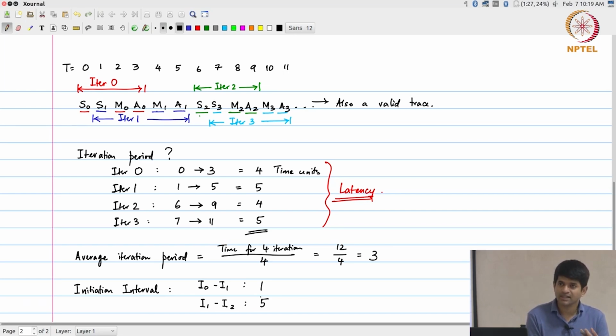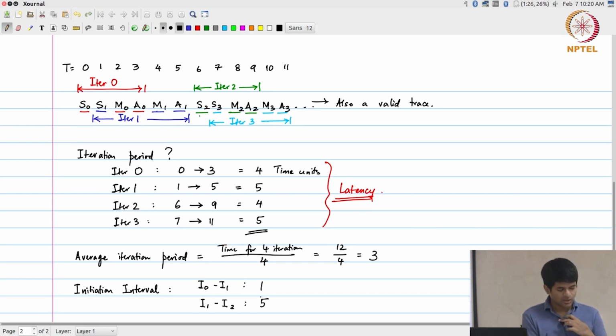Therefore, within 1 clock cycle time difference, I am able to start my next iteration, not complete it, but start it. That is my initiation interval. But was I able to again start on the very next clock cycle after that? No. Once again I had the problem that I had to wait until I0 and I1 completed before I2 could start. So, I2 goes 5 time units later.